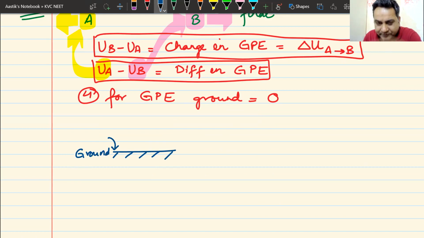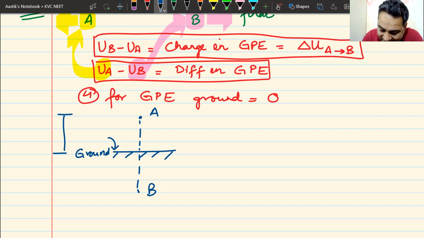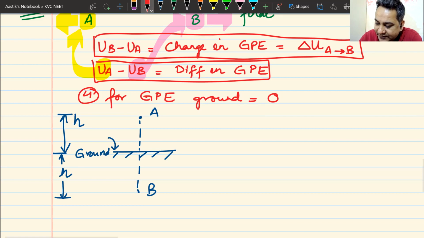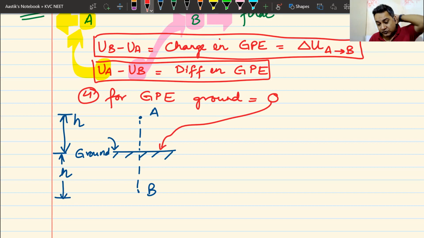in some cases you will have a block hanging. So that is the case I'm going to discuss. If this is the ground, I have taken 2 points, point A and point B. Point A is at a height h from the ground. Point B is at a depth h from the ground. The gravitational potential energy of the ground is definitely taken as zero, which we are always going to assume no matter what happens.